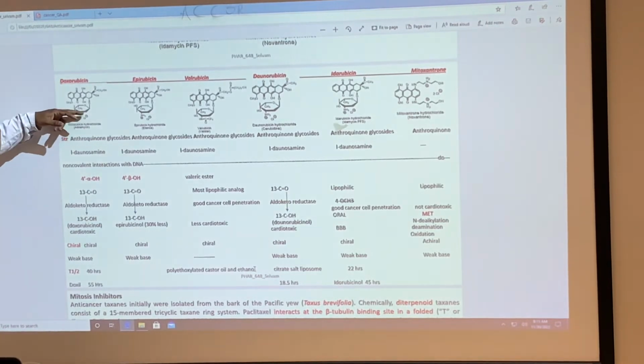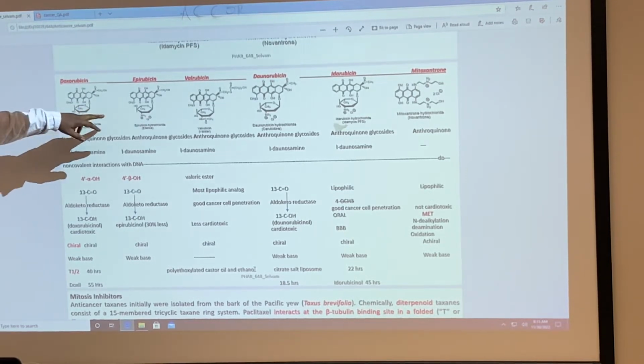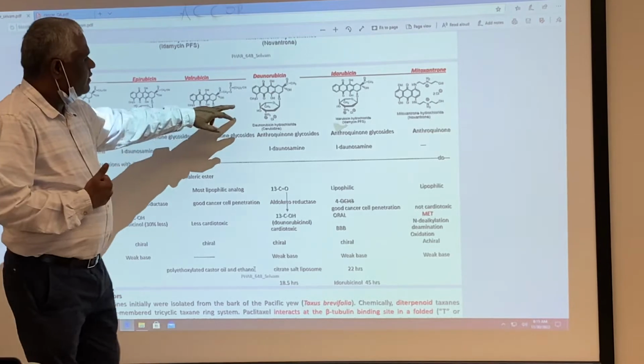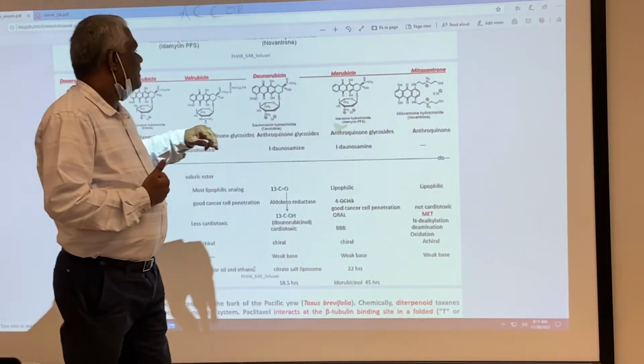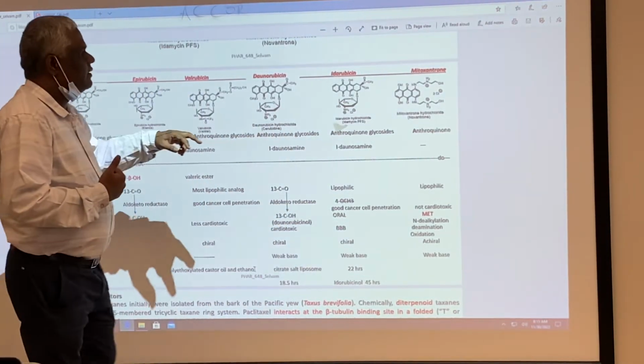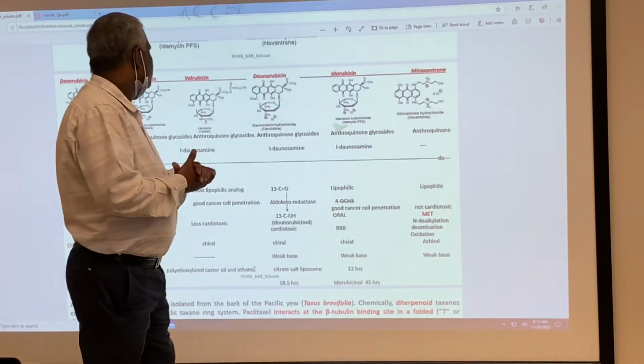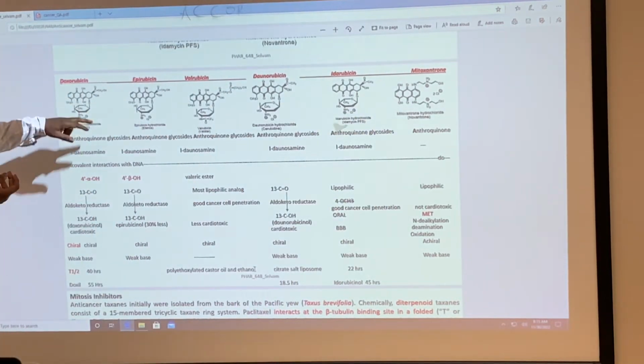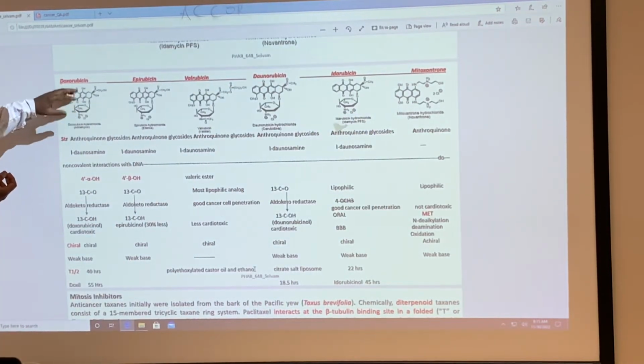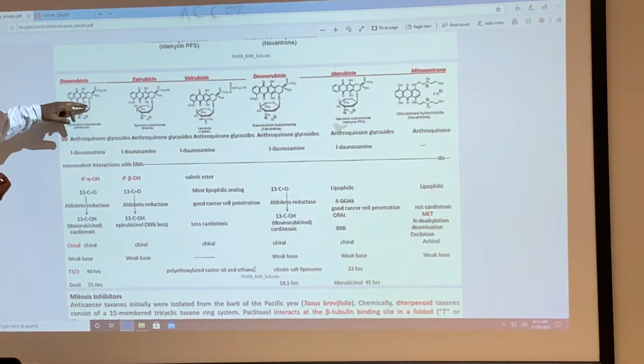So all those compounds have a sugar moiety attached. There is no sugar moiety in the last compound. The sugar moiety attached is the glycone, and the non-sugar moiety is the aglycone. Those two are connected with an ether bond, that is a glycosidic linkage.